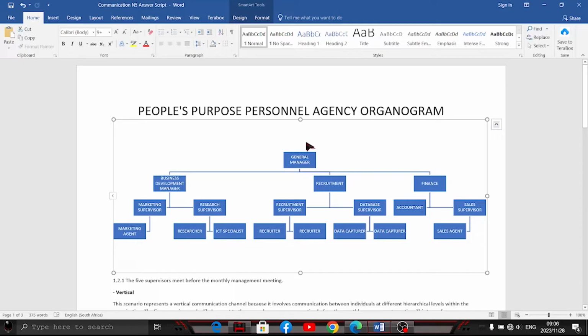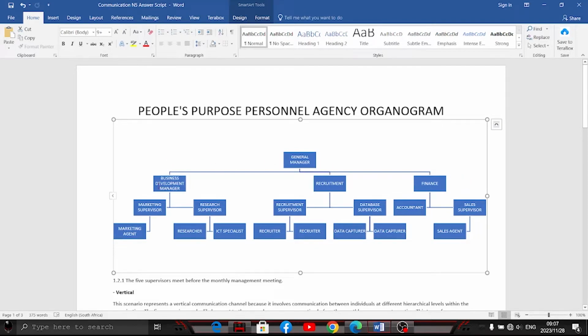Directly below the CEO or the general manager, you see the group of managers or heads of departments. Most of the time we just call them HODs. Those are employees that are directly under your general manager or your CEO. So the number of managers in that line on the organogram will tell you how many departments the organization actually has.